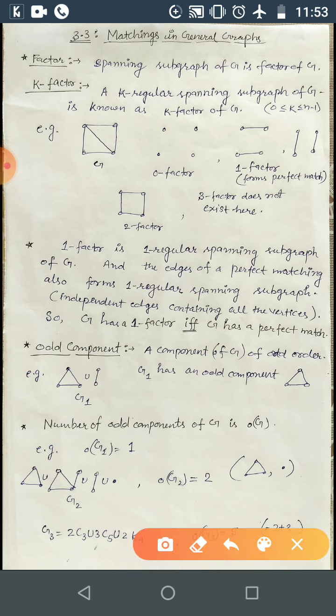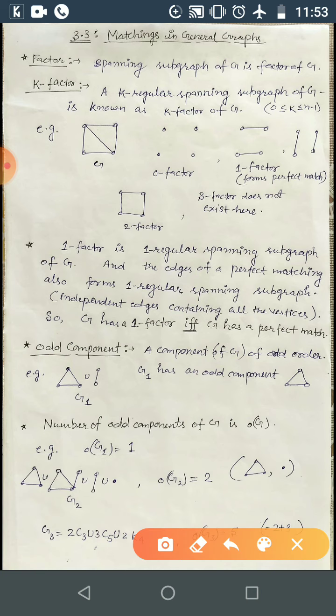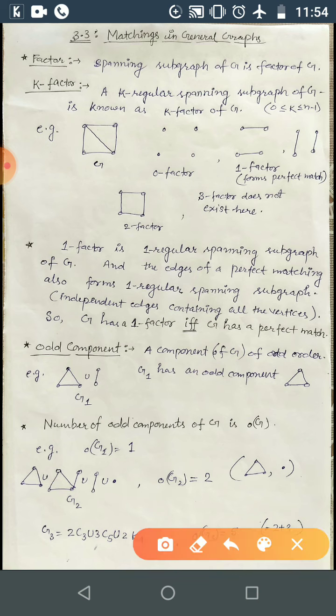First, how many components? The number of components is denoted by K of G, or you can also represent it by C of G, okay. In some books you will find K of G, in some books you will find C of G, okay. C means component.